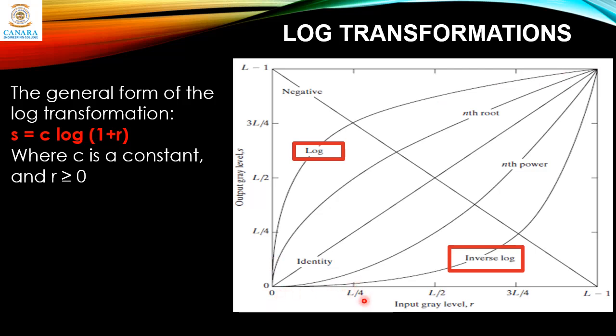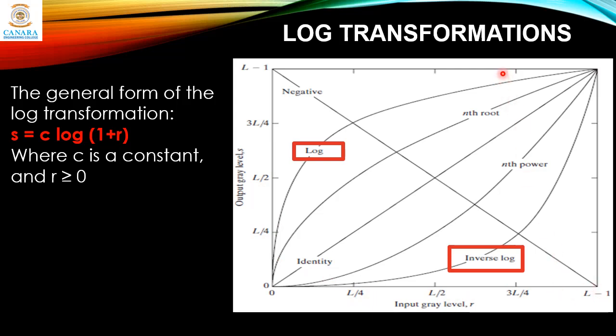Like 0 to L by 4, this one fourth of low intensity range is mapped onto somewhat 3/4 level. So this small range is mapped onto this range. This is expansion or spreading happening for lower ranges, and for higher intensities we can see the compression.